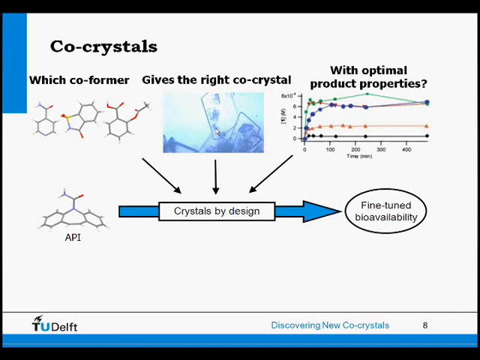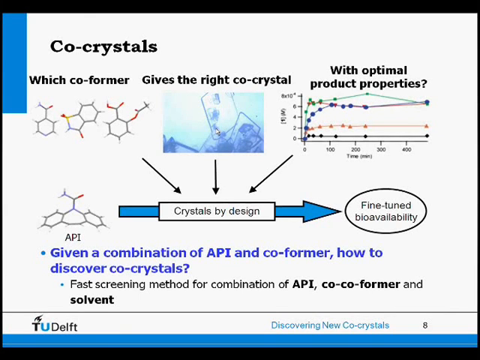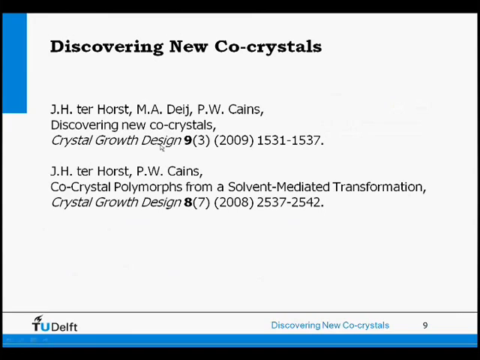And the first partial question to answer is: given a combination of API and co-former, how to discover a co-crystal? How are you sure that this API and co-former can form a co-crystal? So we're looking for a fast screening method for combinations of API, co-former and solvent. And this is published in 2 articles of mine, of which the reference is shown here. And if you give me an email, I can send you those articles if you don't have them yet.